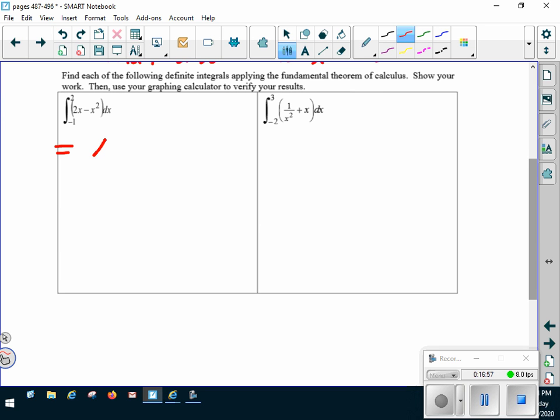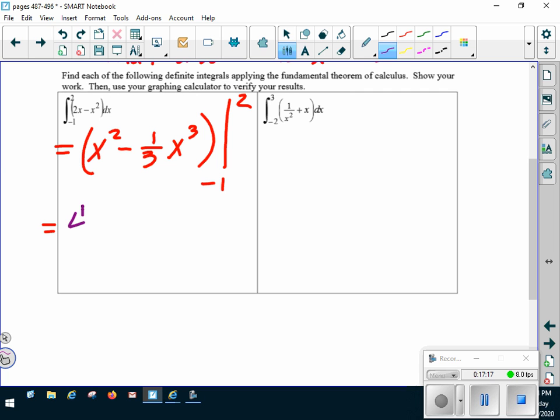x squared minus 1/3 x cubed. Good. And we're going to evaluate that from -1 to 2. That is all the calculus you have to do. The rest of it's arithmetic. 2 squared is 4, minus 2 cubed is 8, 8 over 3, minus 1 plus 1/3, is that right?